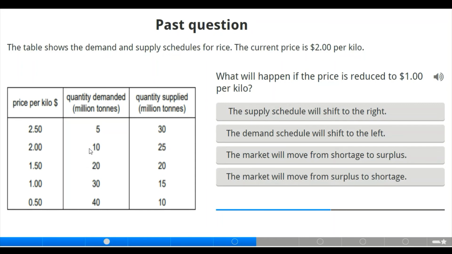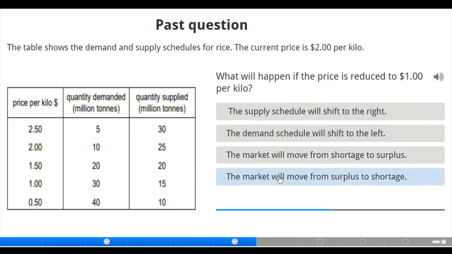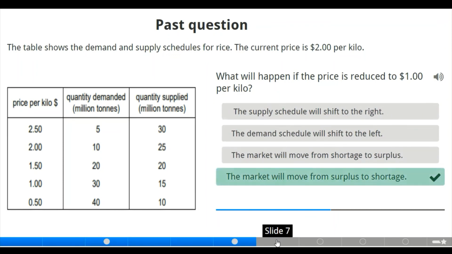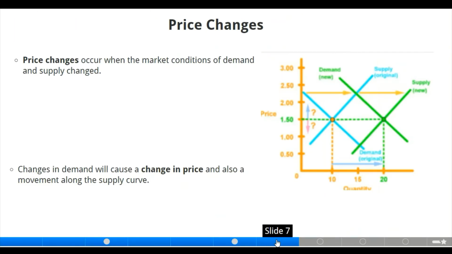Here our supply is exceeding demand, which means that it is a surplus. Now the market will move from surplus to shortage, because at this price of $1, the demand is exceeding supply. That's good.